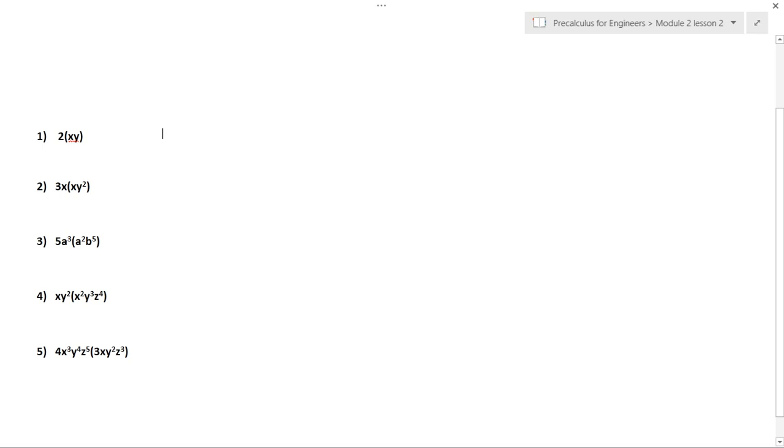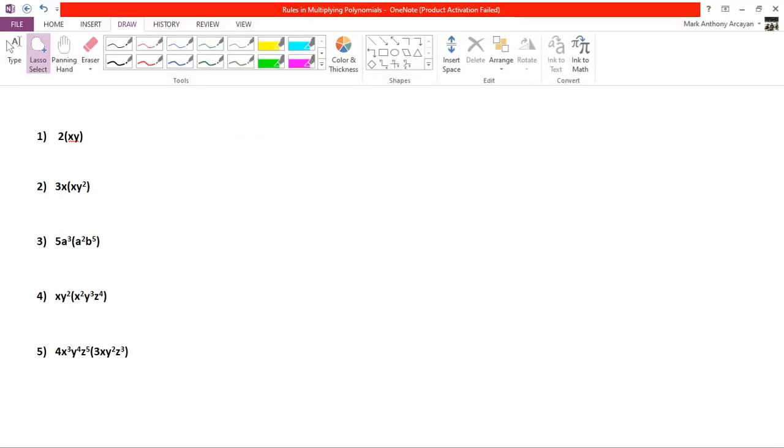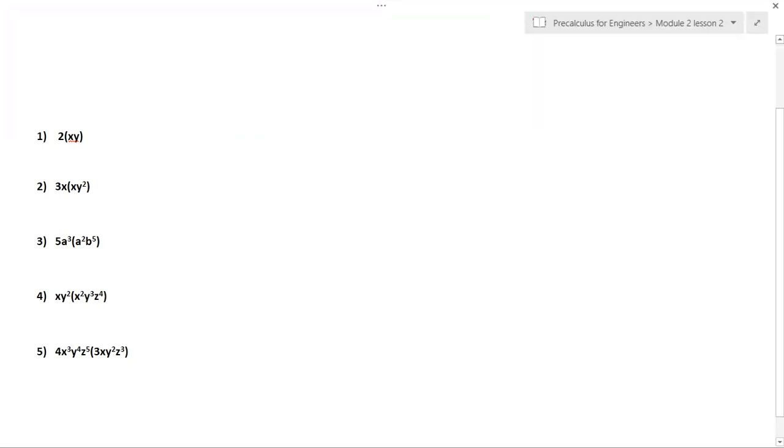So we have here something a bit long. We have xy squared. Just write xy squared side by side. You have here x squared y cubed, then z to the 4th.